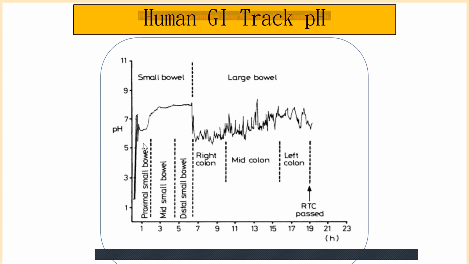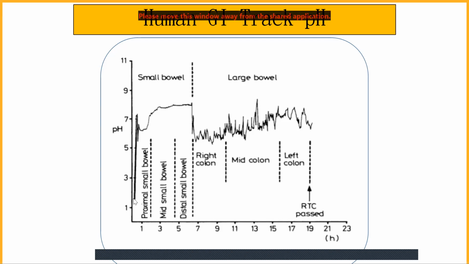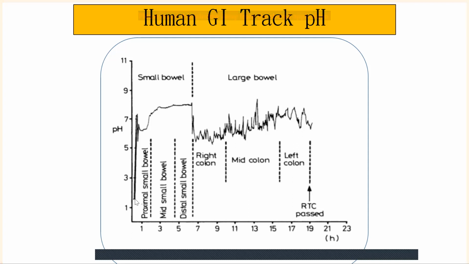You can see that in about the first 30 minutes or so, when the drug is in our stomach, the pH is around 1.6. It's not 1.2 as traditionally thought. So it has to be 1.6.